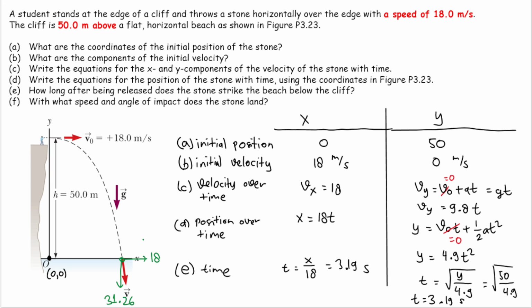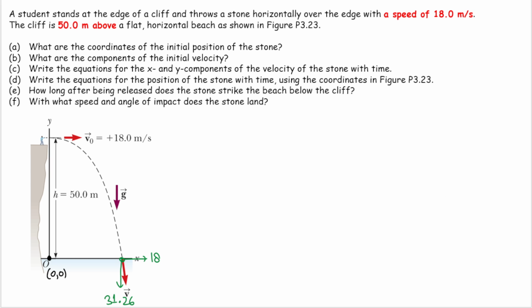So we need to find out the magnitude of this one here. Let's clean this up. For question F, we can get this V by the Pythagorean theorem, right? So V is equal to the square root of 18 squared plus 31.26 squared.